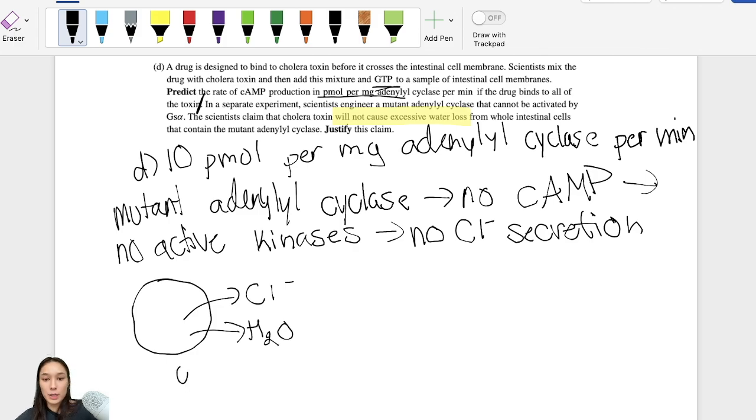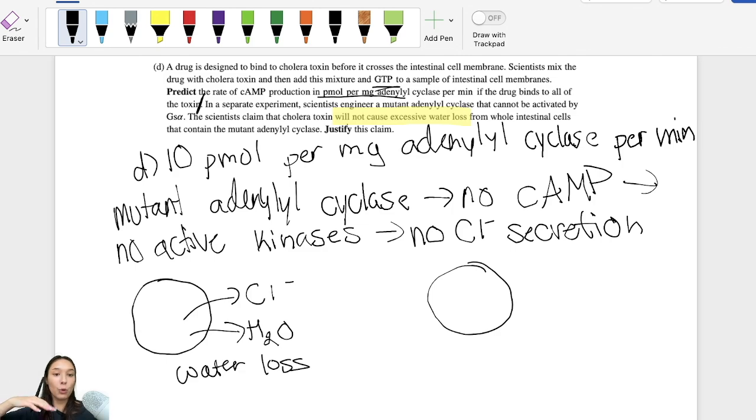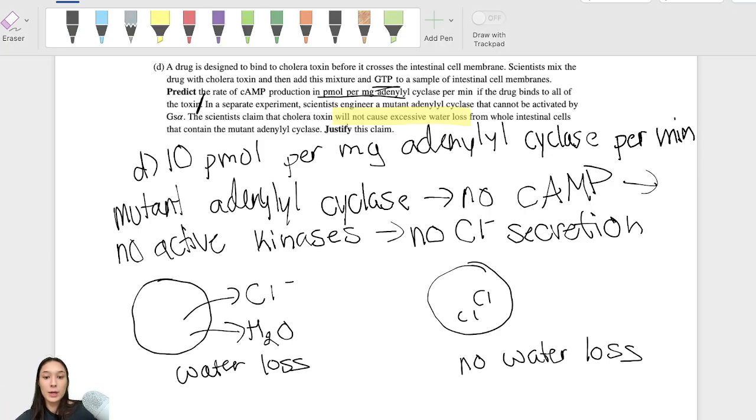So this is going to cause water loss when you do have chlorine secretion. If I have no chlorine secretion, I'm going to have no water loss because the whole point of the water being lost is because it's following the chlorine trying to dilute it. So if all the chlorine is inside, you're going to have no water loss.